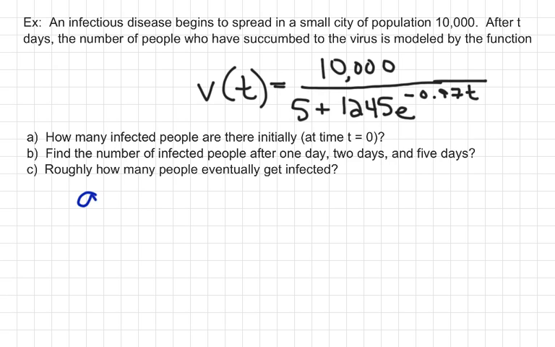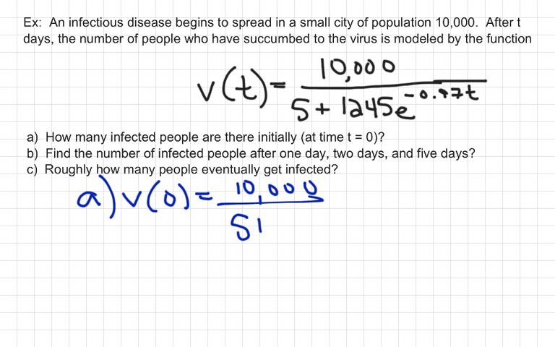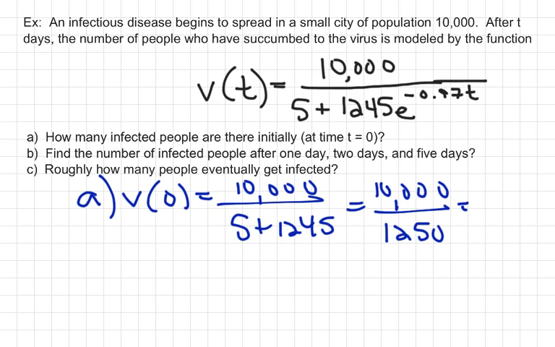Well, if you plug in 0 for t, e to the negative 0.97 times 0 is going to be e to the 0, which is 1. You're going to be left with 10,000 divided by 5 plus 1245, which is 10,000 divided by 1250, which is going to be 8. So at the very beginning, there are 8 people who are infected.